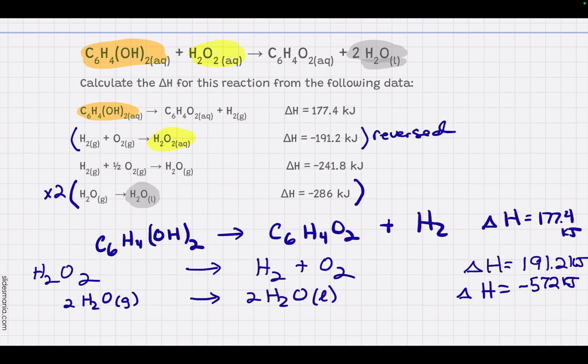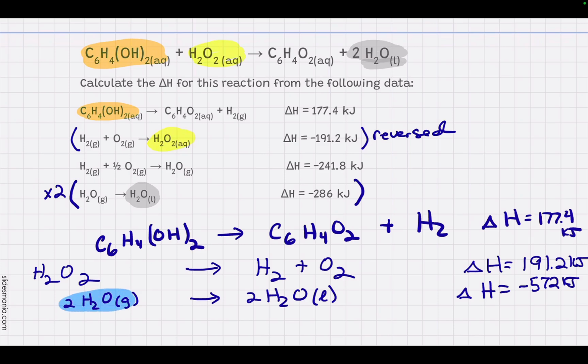So it looks like everything's going to cancel, but it won't. So you cannot cancel the gas and the liquid of the water when you're trying to add these data reactions together. So the next thing that I do is I look at, okay, I know I want the water liquid, but I don't want this.